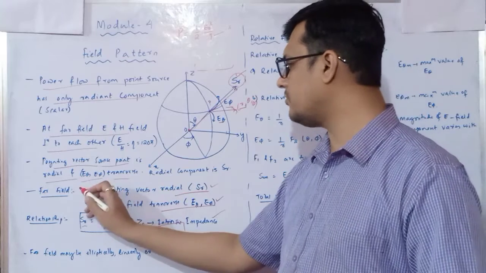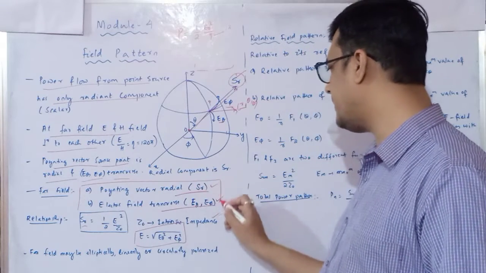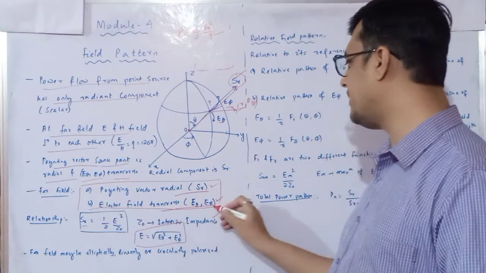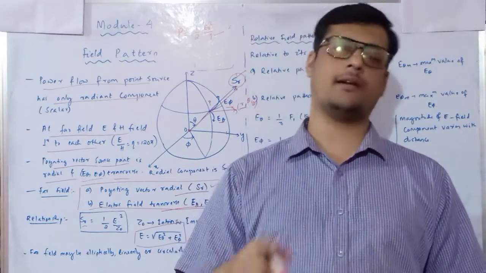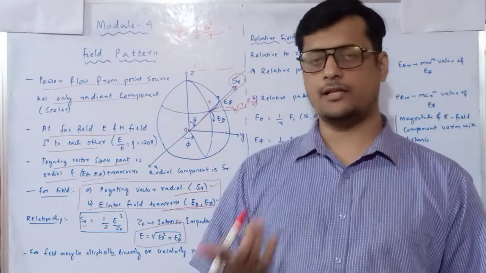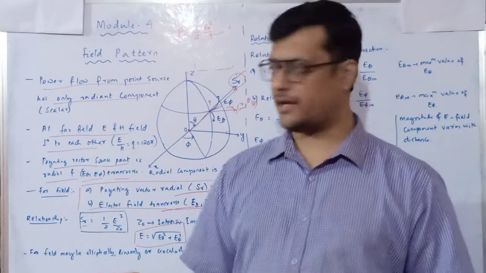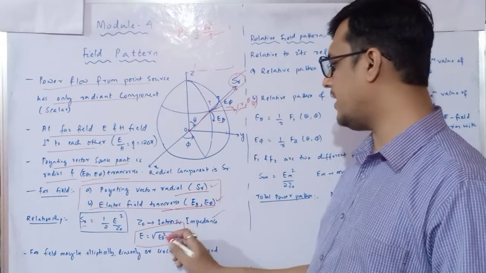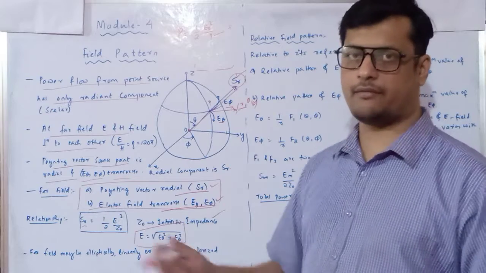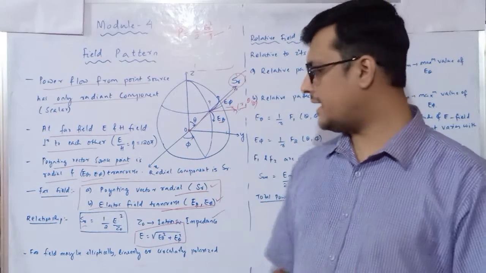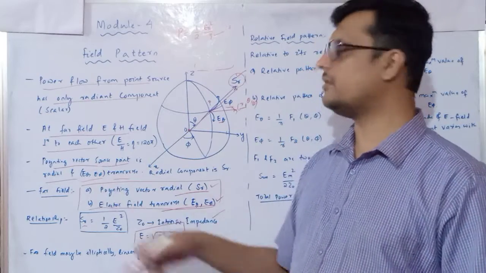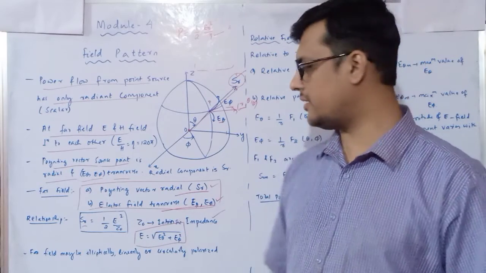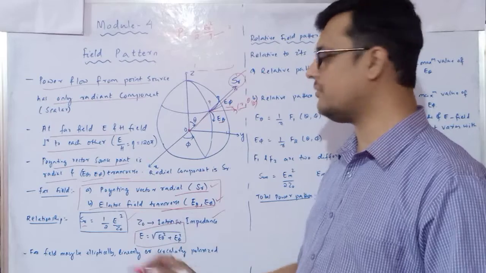These are the two considerations through which we have derived the relationship between the radial component of the Poynting vector and E theta and E phi. E theta square plus E phi square, under the root, gives the magnitude of E, and SR is the Poynting vector pointing radially outward, measured with respect to the electric field.